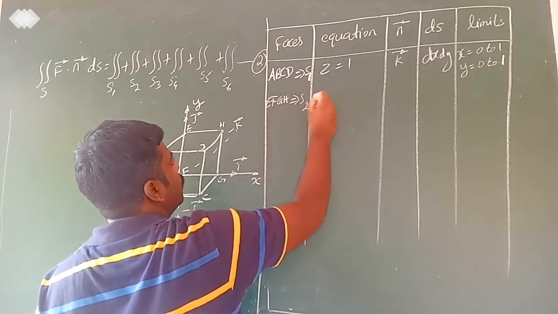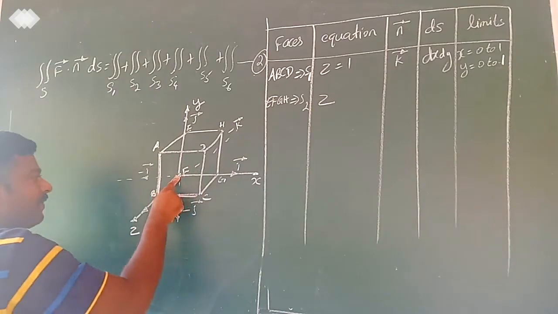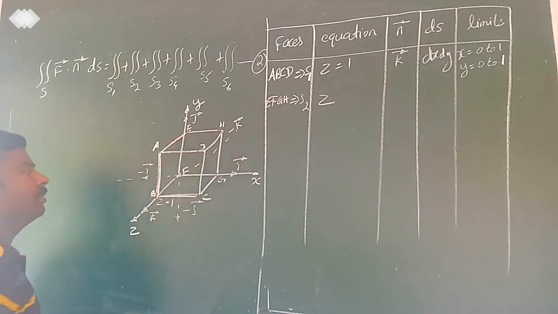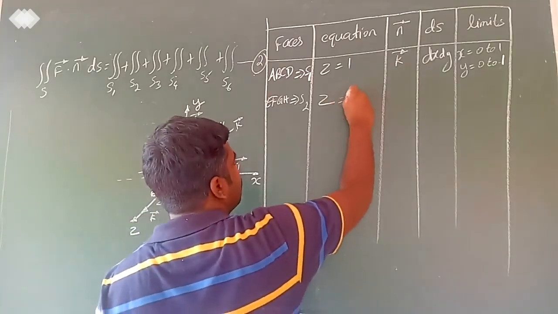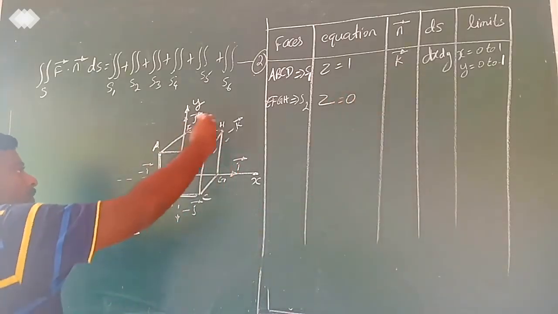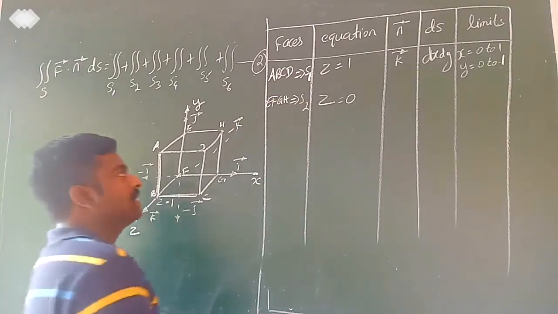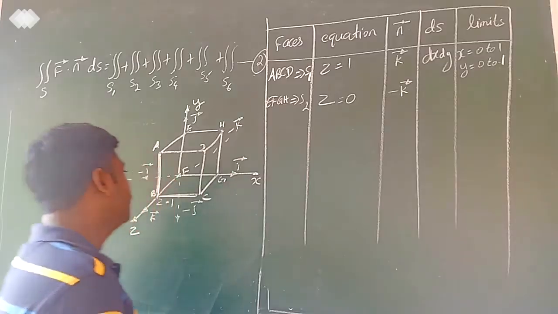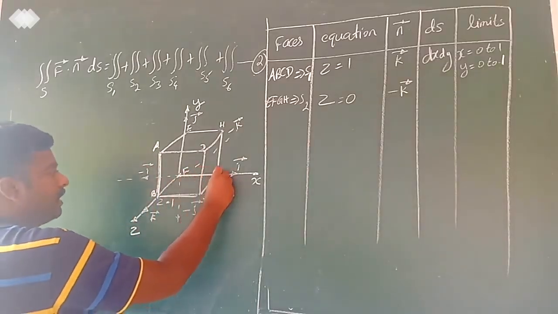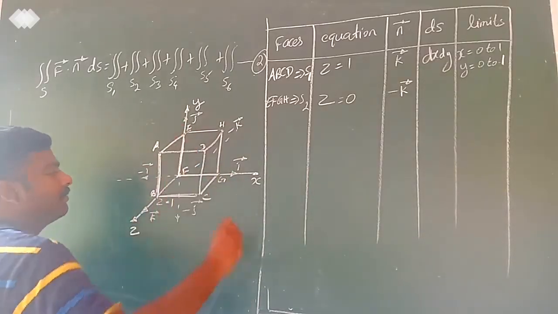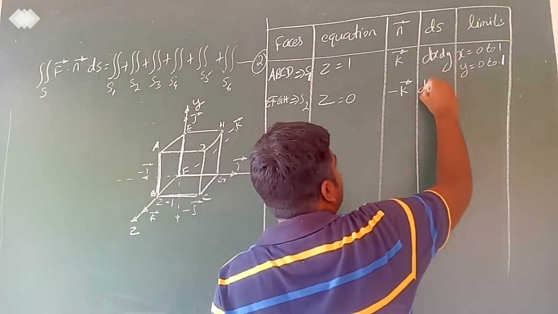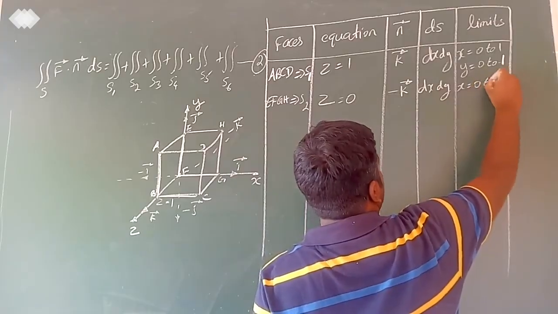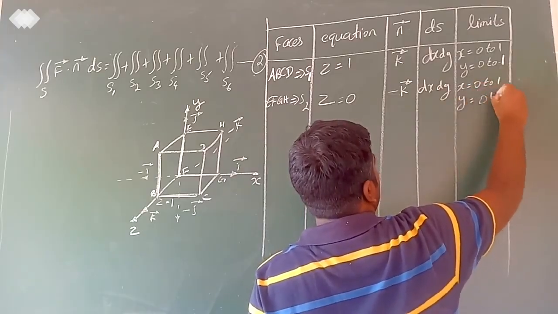This is phase S2, and this phase is in the z-axis with z equal to 0. So therefore equation z equal to 0, and that is opposite to the z-axis. Therefore the direction for n vector equals minus k vector. And similarly this phase is also in x-axis and y-axis. Therefore ds equal to dx dy and limits x equal to 0 to 1 and y equal to 0 to 1.